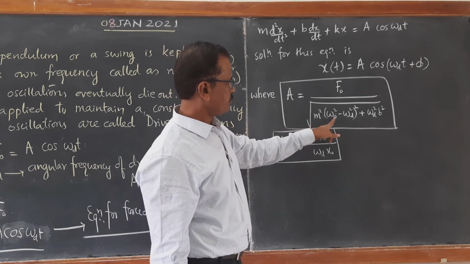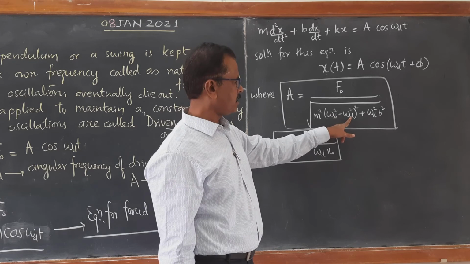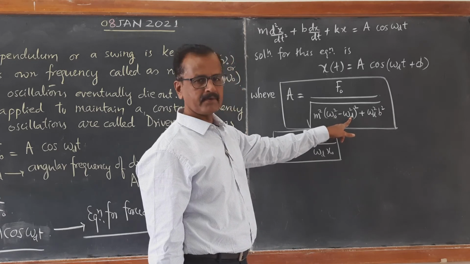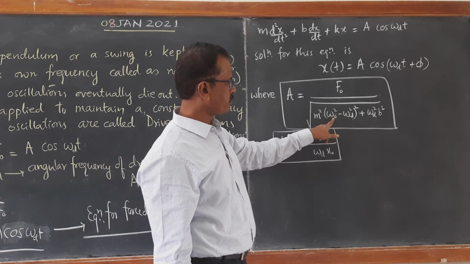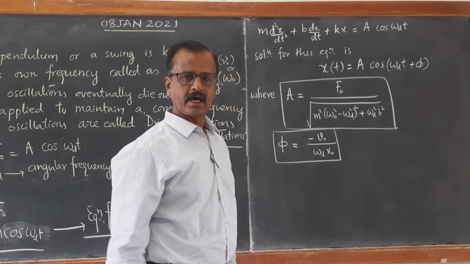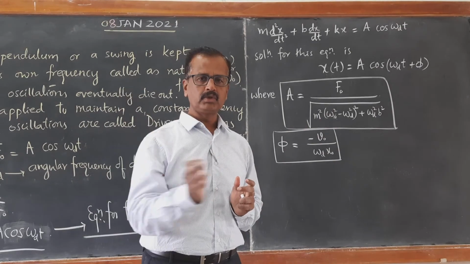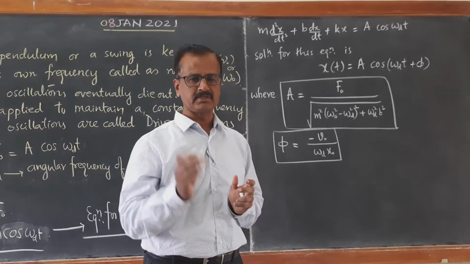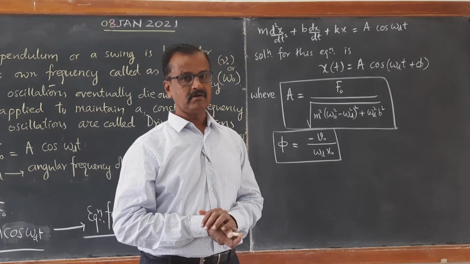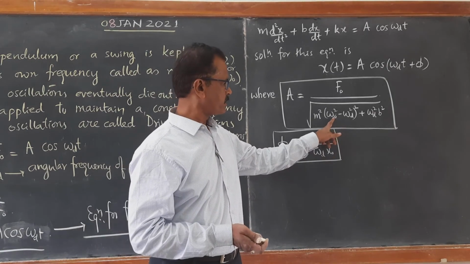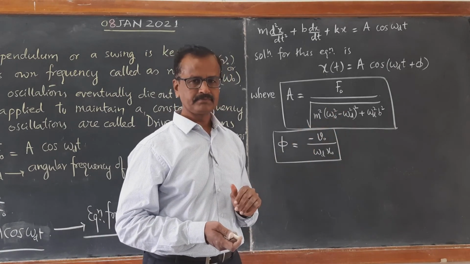What happens when omega naught is almost equal to omega d? Looking at this equation, when omega naught is almost equal to omega d, that is, if the external driving force has a frequency equal to the natural frequency of oscillations of the oscillator, then omega naught minus omega d becomes 0.